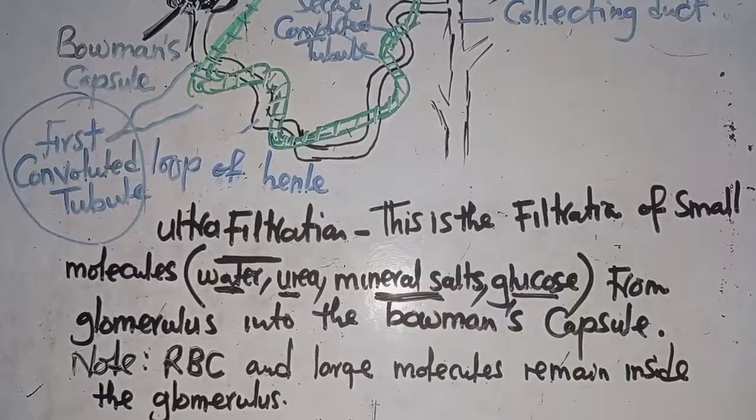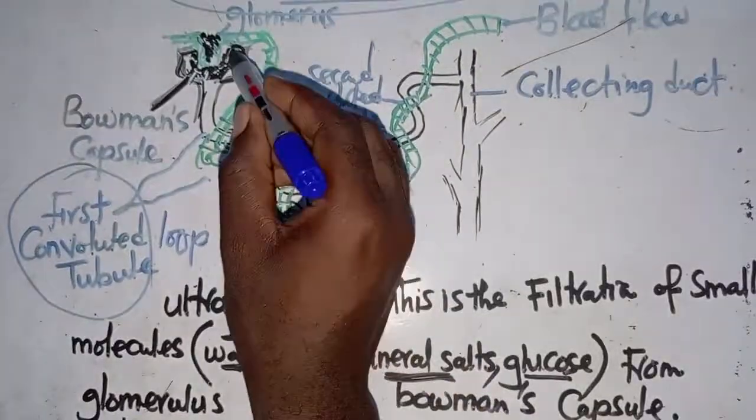So the liquid that is collected in the Bowman's capsule is now called the glomerulus filtrate. Where is the Bowman's capsule? I guess you know this. Bowman's capsule is there.